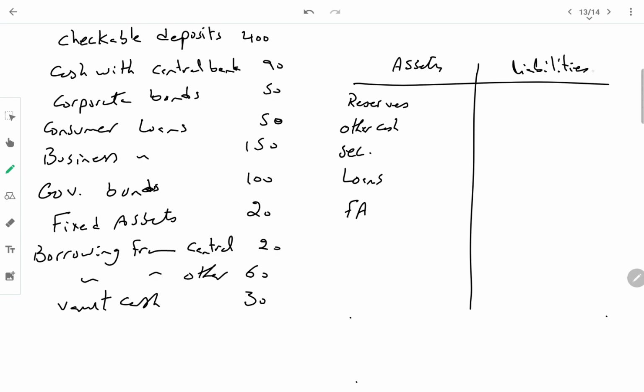And with respect to the liability side, deposits, borrowing from other banks and from the central bank, and then finally capital.